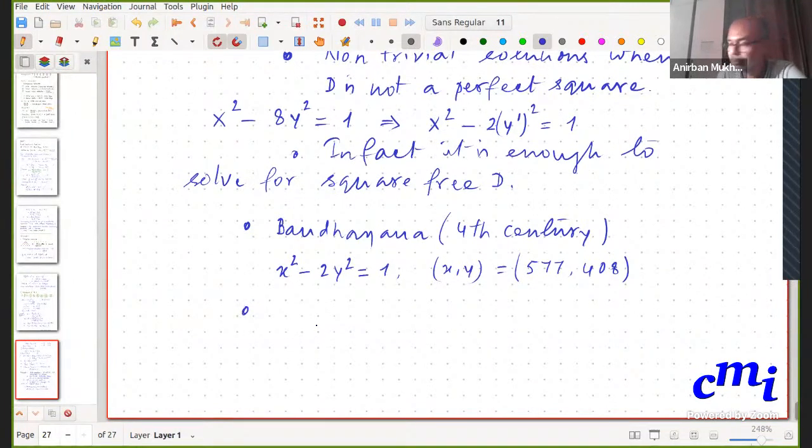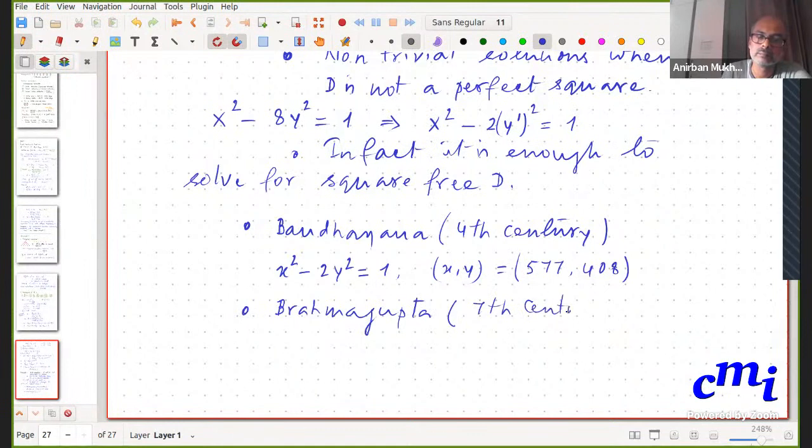Probably you knew other solutions, but that's what you might have used in some other work. There was some very interesting history in that. Brahmagupta, that is 7th century, solved this with d equal to 92.